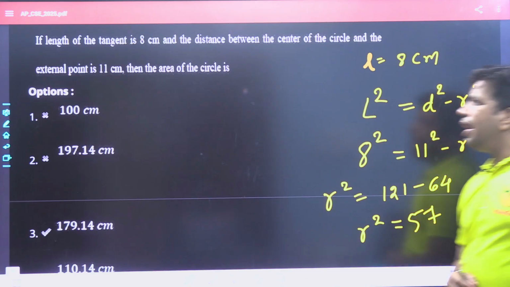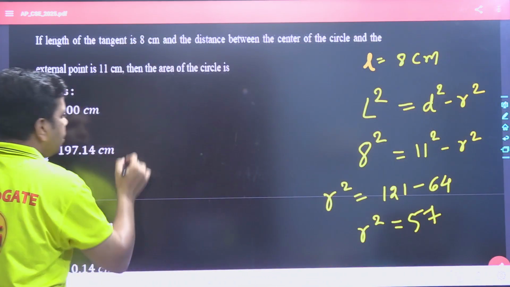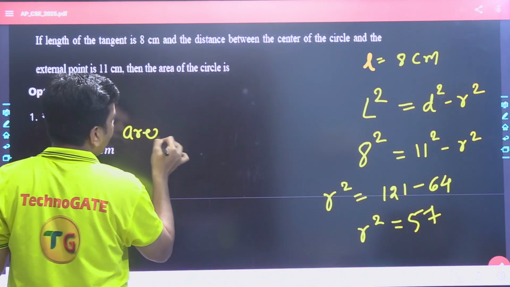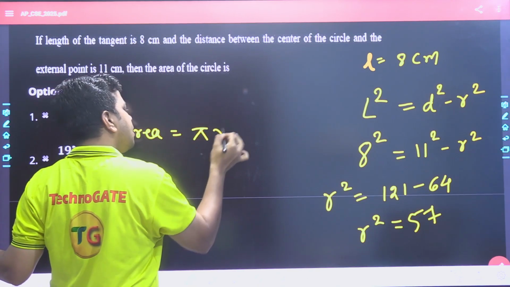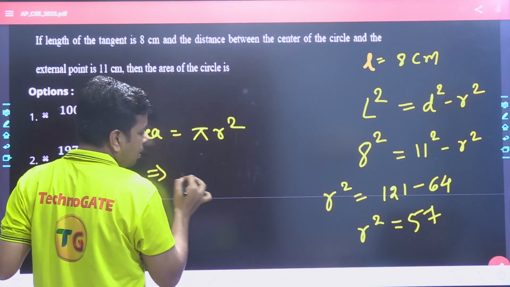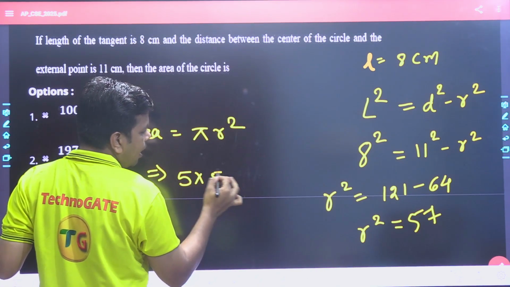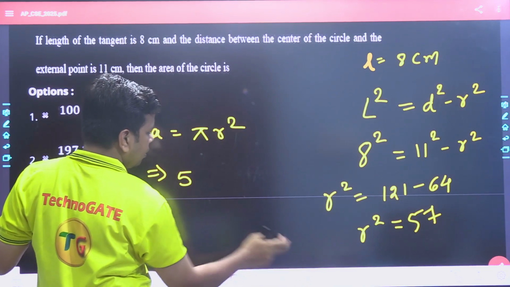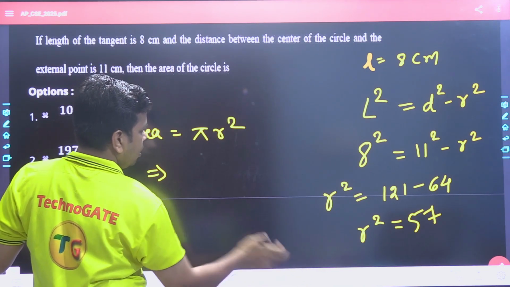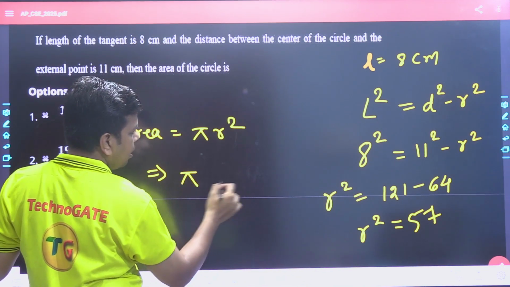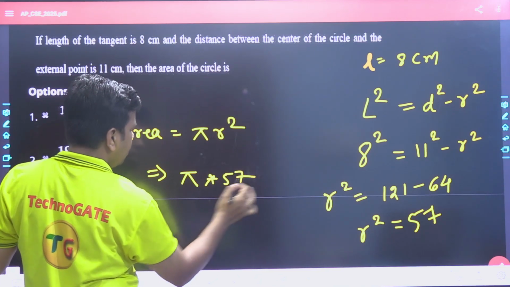Now the area of circle is what? Pi r square. So pi into r square is pi into 57.